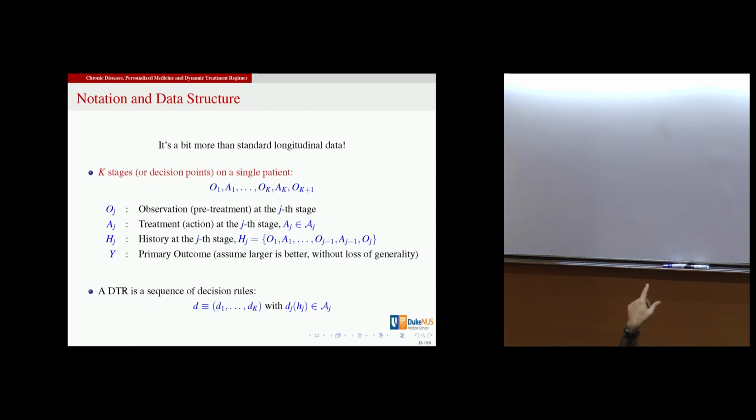So this history can be your state, or a relevant summary of that history can be your state, so that you can forget about the past. By cleverly formulating your history variable here, you can make it a Markovian situation, even though in real clinical practice, things are typically not Markovian. You have to think about the entire history.